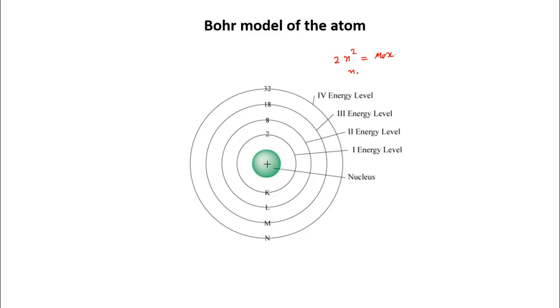Suppose if n is 1, in the first orbit you can have 2 electrons, and in the second orbit, you can have 2 times 2 square, which is 8 electrons. So that means in the first shell you can have 2 electrons, in the second shell you can have 8 electrons, and in N3 you can have 2 times 3 square, which is 18 electrons, and 32 electrons, and so on.